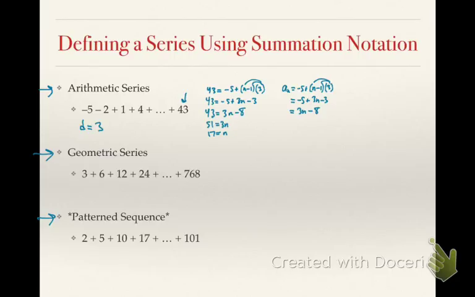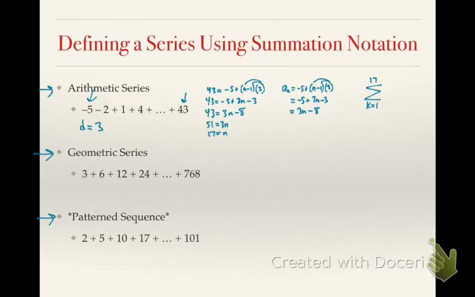So to write this in summation notation, I'm going to start at 1 because the sequence starts with the first term, which is negative 5. And I'm going to go up to however many terms I have, so I have 17 in that sequence. So it's going to be 1 to 17.